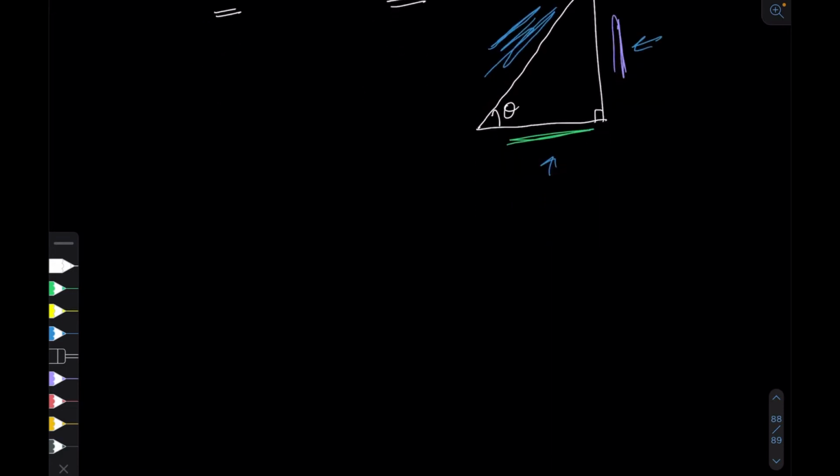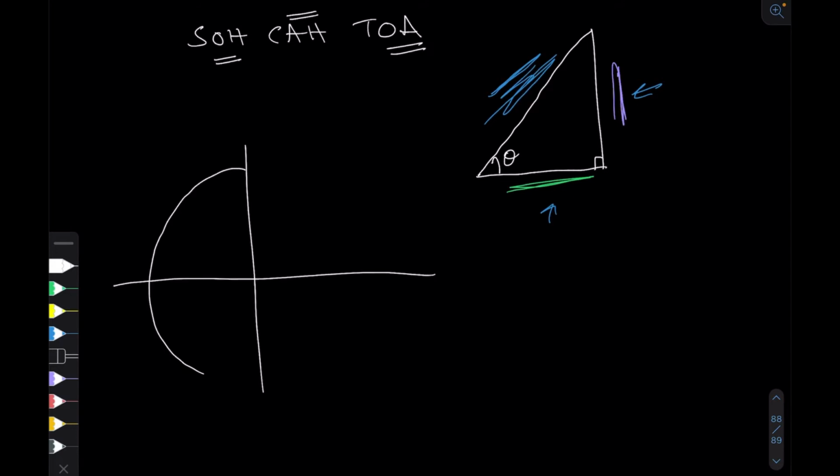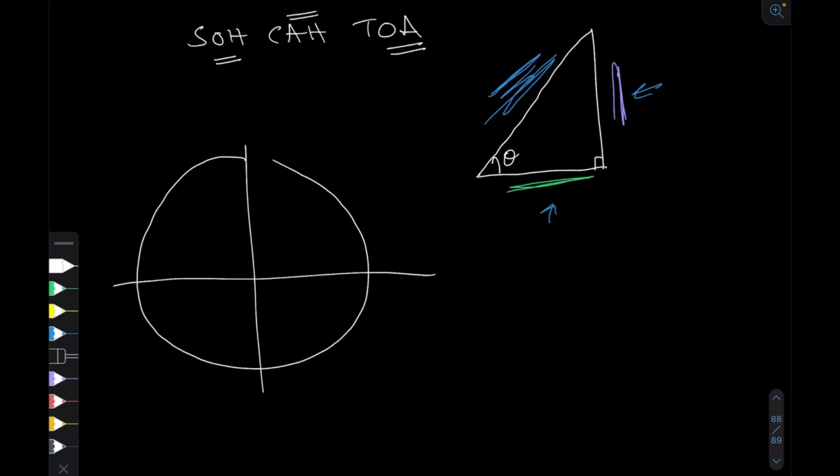And let me tell you what I mean by that by drawing a big unit circle. Okay, let's try to make a better unit circle. All right. A unit circle is just a circle of radius 1. So this is the origin, and anywhere you point at the circumference of the circle, it would be of radius 1.